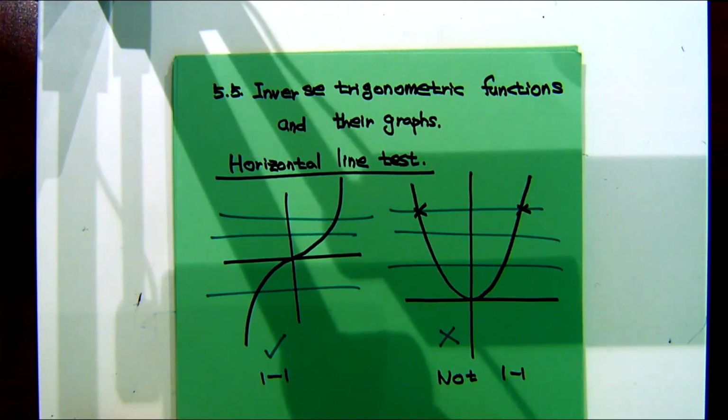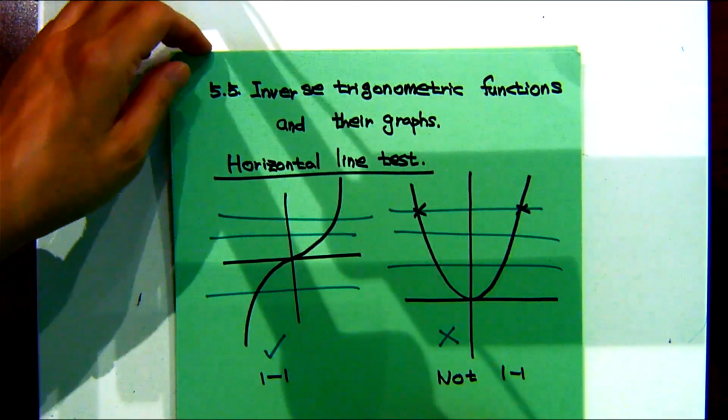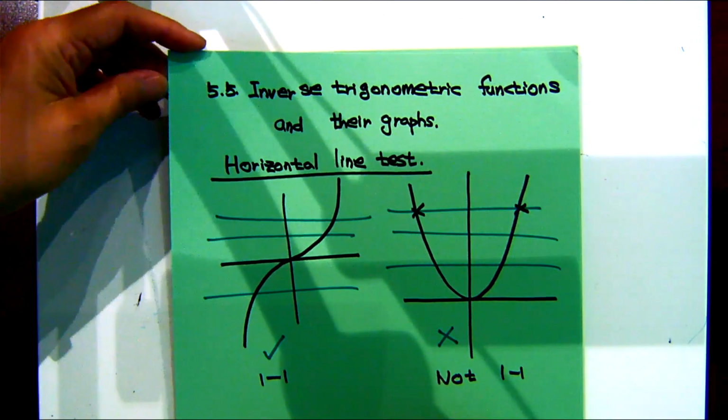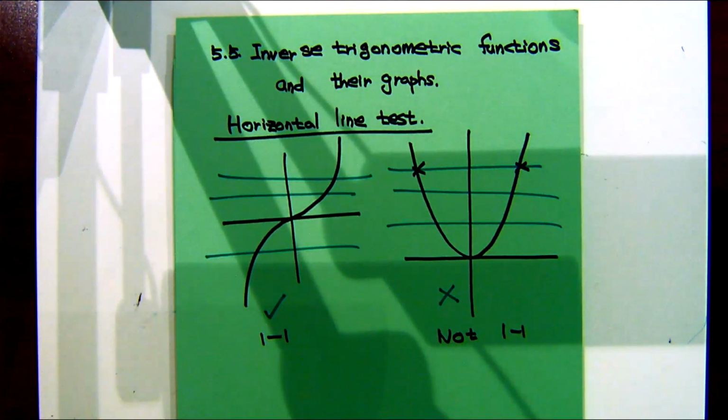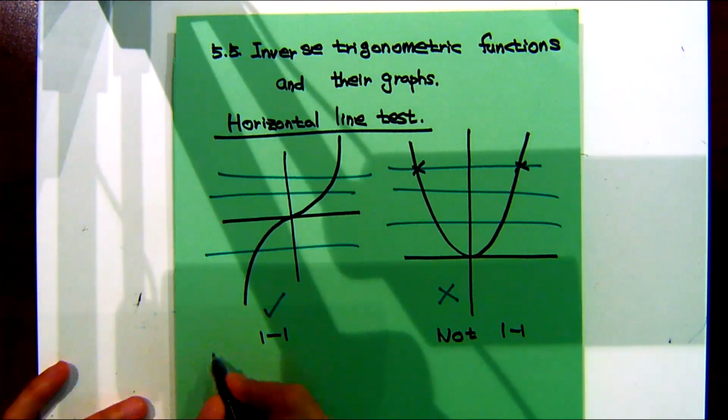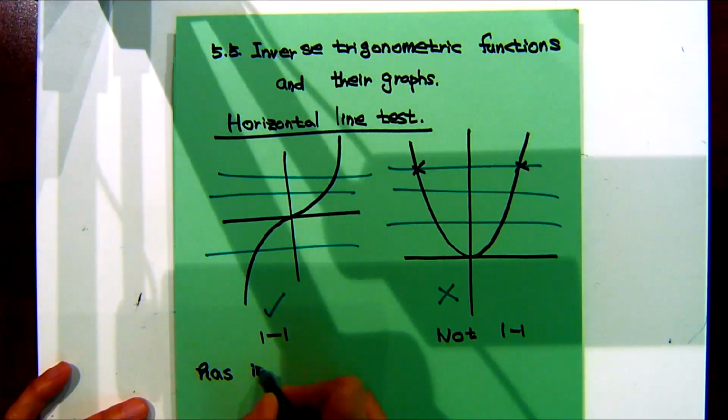So horizontal line test initially tests whether the given function is one-to-one or not, but the result of the horizontal line test implies whether the given function has inverse function. So in this case, one-to-one, it has inverse function.